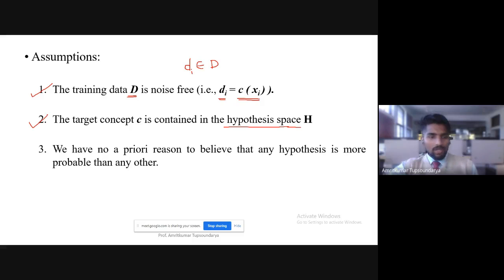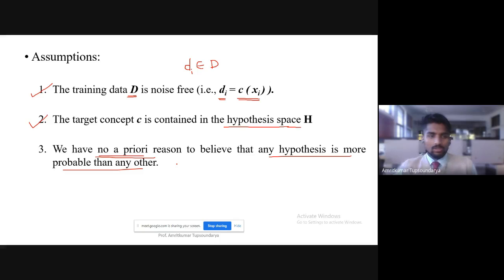Third is that we have no a priori reason to believe that any hypothesis is more probable than any other. So whenever we encounter a hypothesis, we simply assume that there is no hypothesis more probable than any other hypothesis.